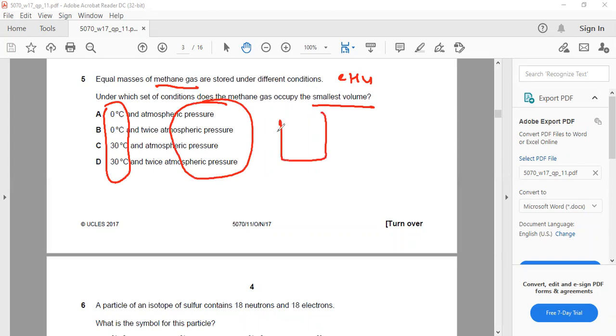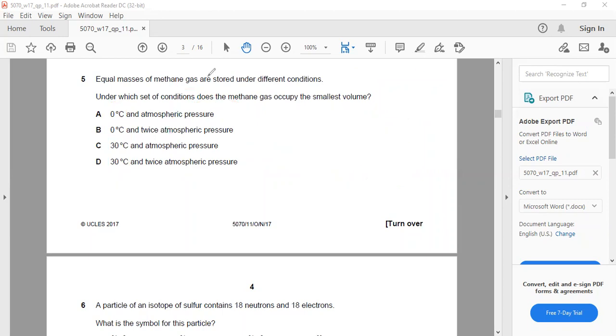You know, the greater the pressure, the smaller the volume. Pressure is inversely proportional to volume. And the greater the temperature, the greater the volume because particles have more energy. So you must know the relationship between temperature and volume and pressure and volume. One is also called Boyle's law and one is Charles' law.